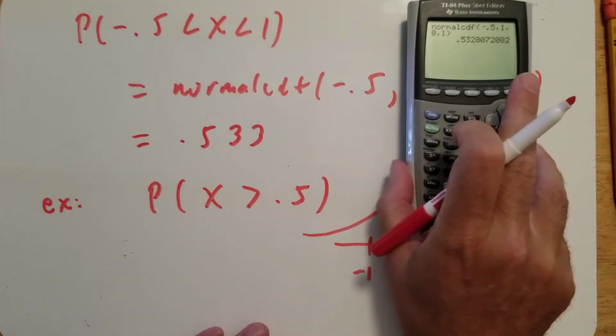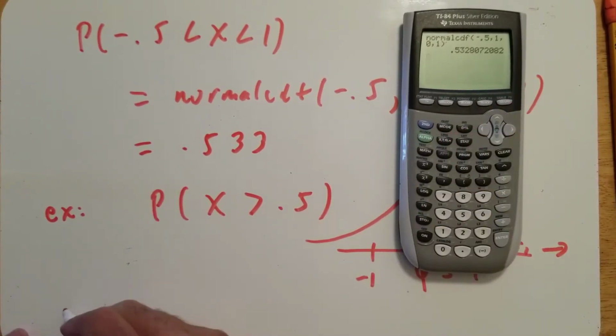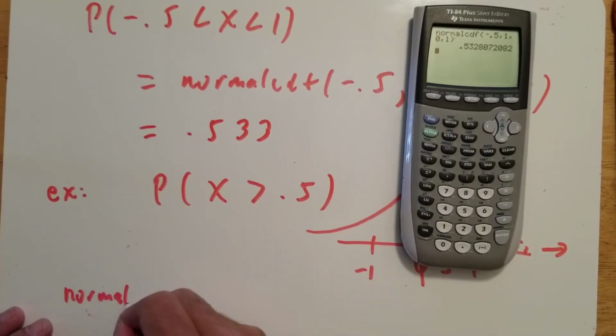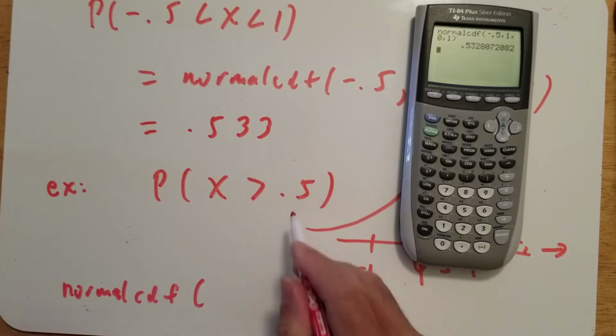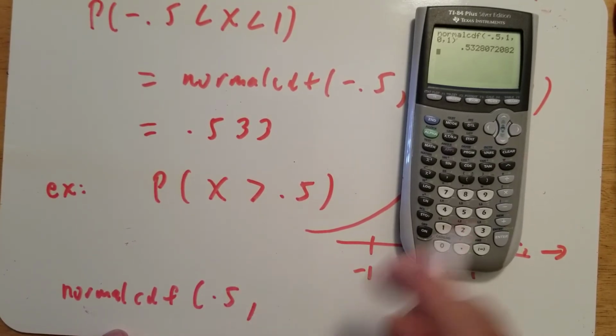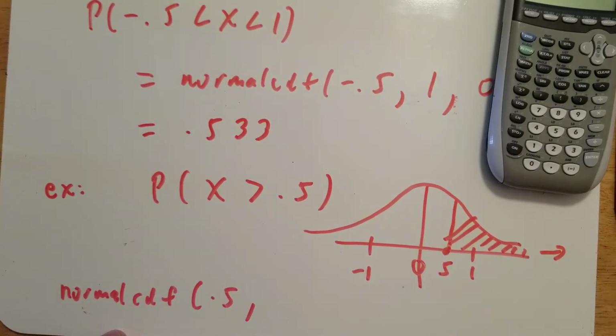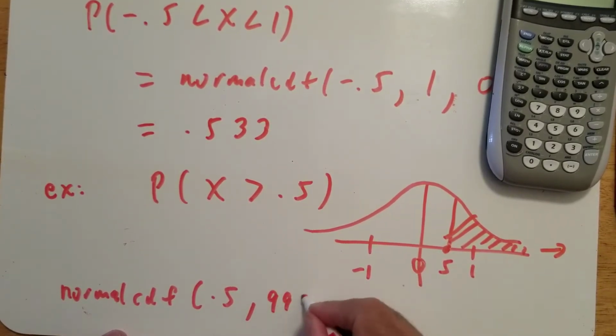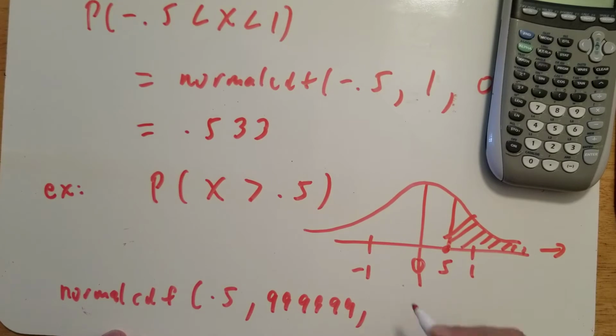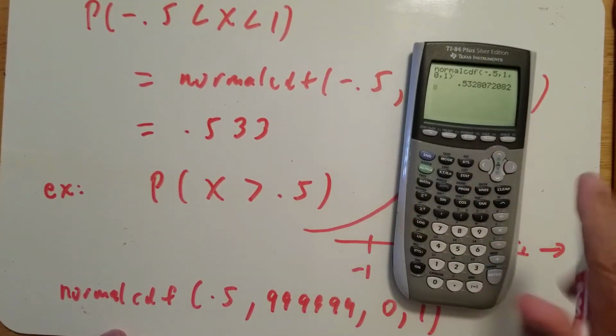And on the calculator, to calculate that, I'm going to go normal CDF. The low x value is 0.5. Now, to put in a number that's really, really big, I usually put in 6 nines when it goes forever and ever and ever in the positive direction. Mean 0, standard deviation 1.